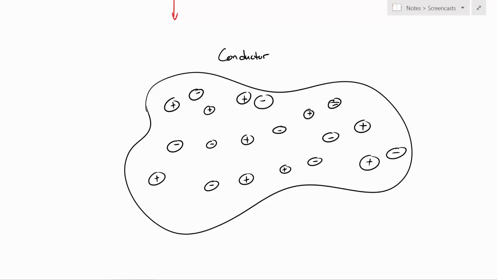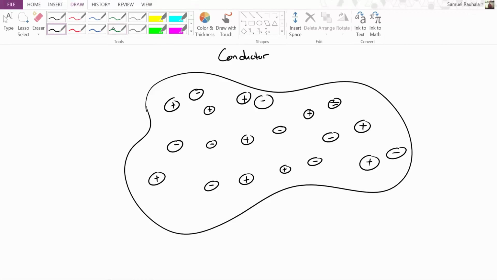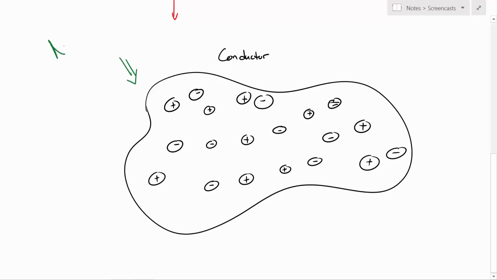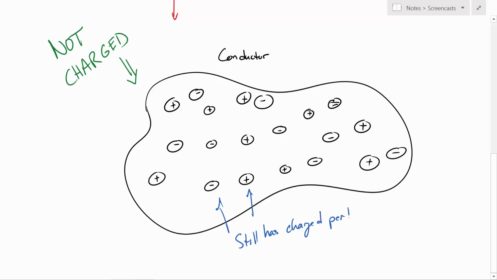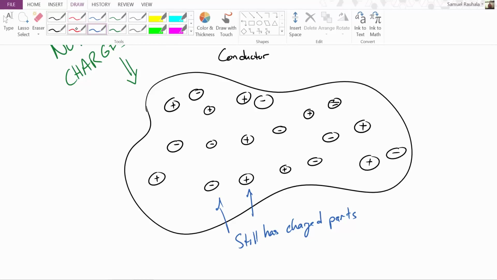Point is, even though this thing is not charged, and I'm going to say very carefully, in very big letters, not charged, it still has charged parts. This is a bigger idea than you think. So this thing is electrically neutral, which is what we mean when we say not charged.